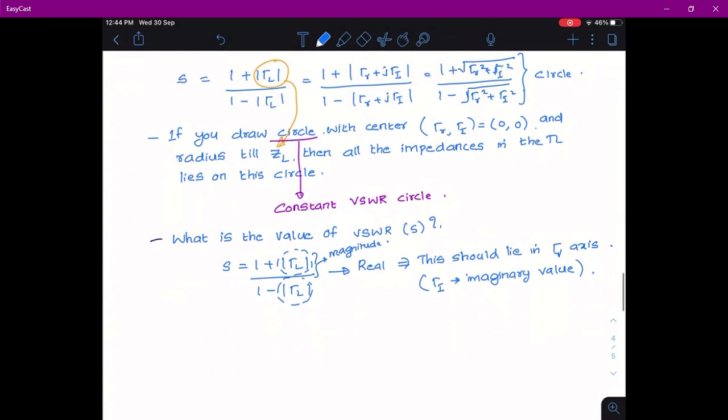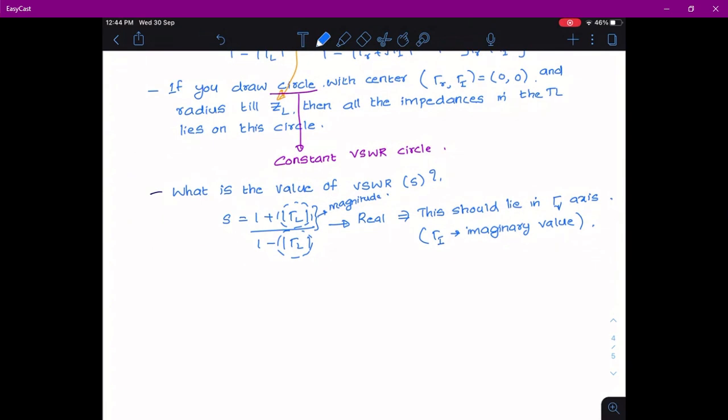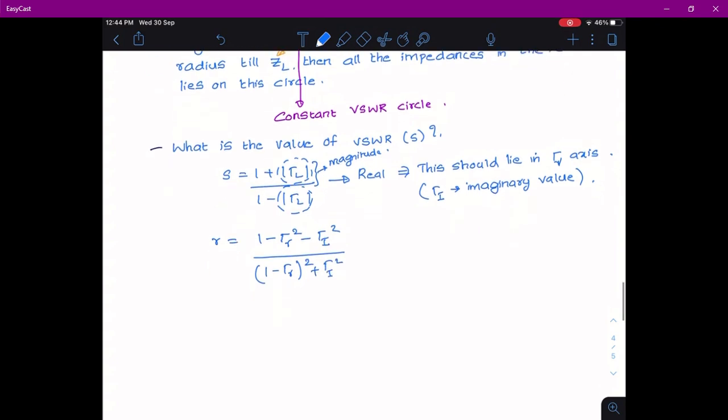To find the value, let's go back and look at the value of r that we have derived. If you remember, we derived r plus jx, and we found that the r value is 1 minus tau r square minus tau I square by 1 minus tau r whole square plus tau I square.